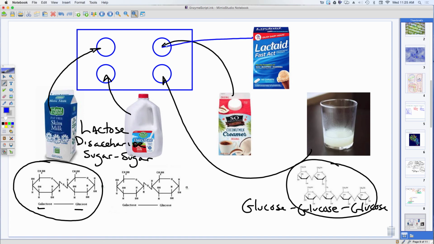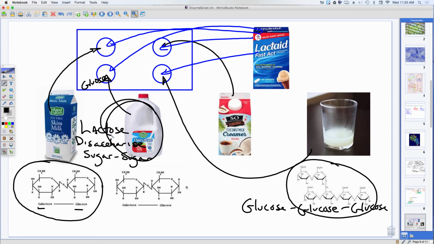So we then added to our milk the enzyme lactase, which people who are lactose intolerant can take. And then what we found was that glucose was present after the lactase was added in the two milk products. But we did not find any glucose from the starch or the coconut milk.